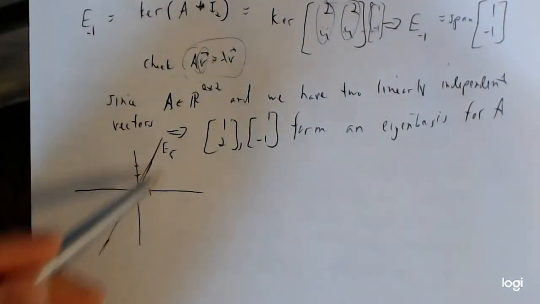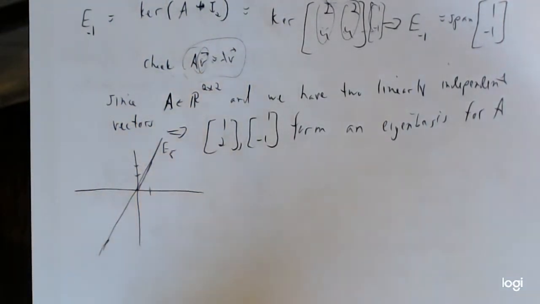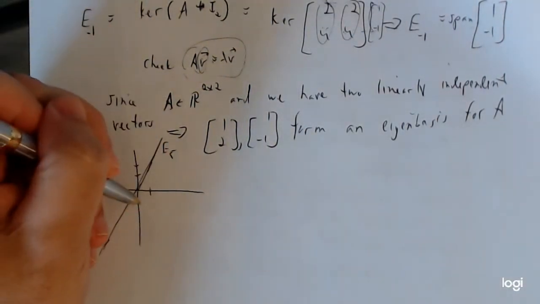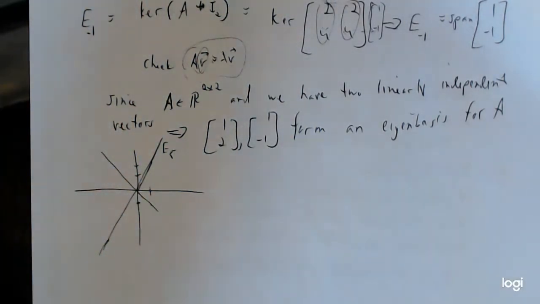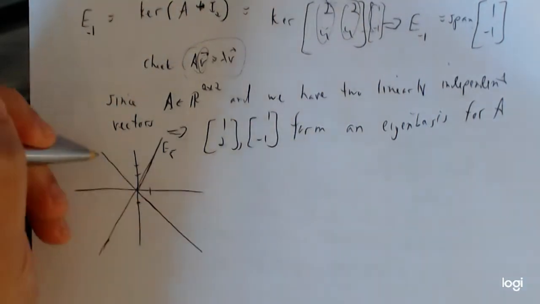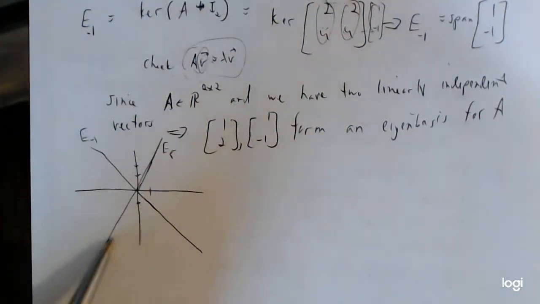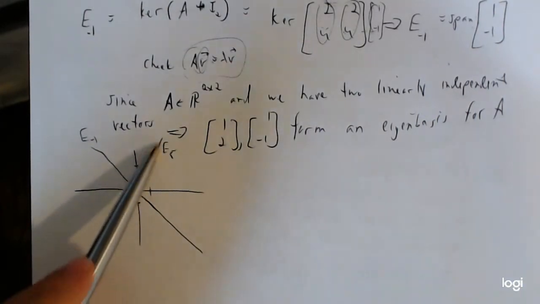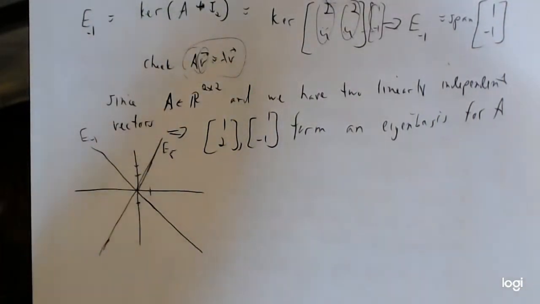So any vector parallel to this line would do. And then what was the other one? It was 1, -1, which is any vector here. And what do we notice about my eigenspaces? I have 2 vectors that are not parallel, which would mean they span all of R2. Therefore, it becomes an eigenbasis.